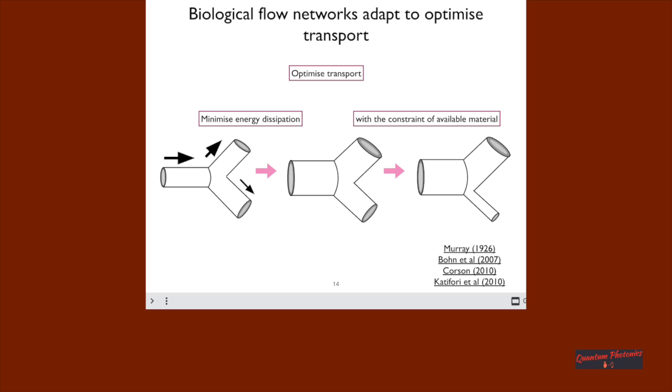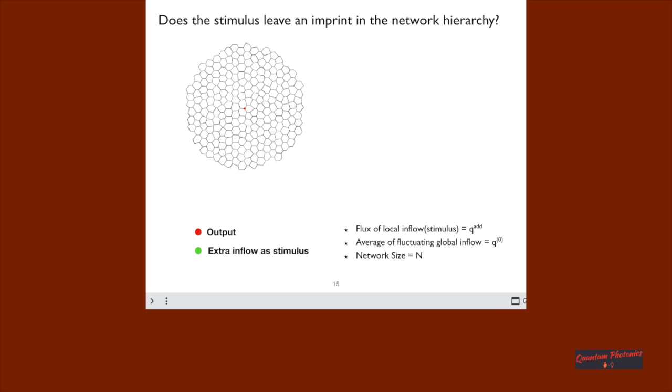That means there are external inflows coming into this network that I have shown here. And what I do is apply an extra inflow as a stimulus to the network, which will be shown by the green dots.